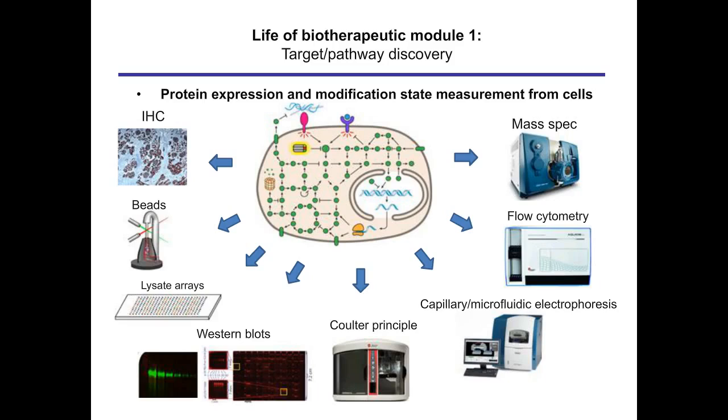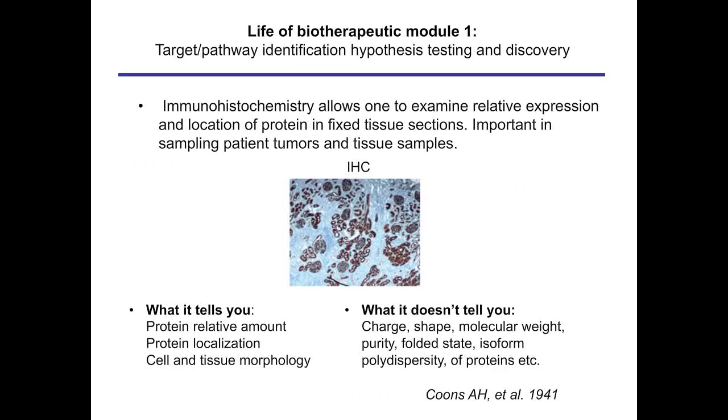Many of these methods range from immunohistochemistry that's often used in the clinic to bead-based analysis methods, cell lysate arrays, Western blots, a Coulter principal method for studying cell sizes, capillary and microfluidic electrophoresis for understanding size and charge, flow cytometry for studying proteins in cells, and mass spectrometry for studying protein abundance and modification.